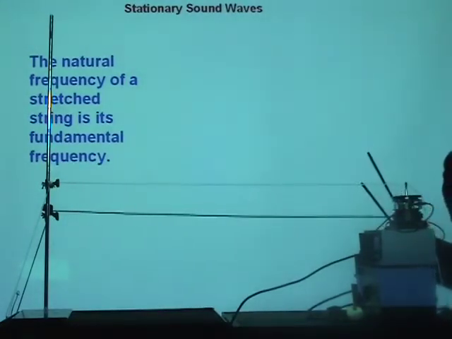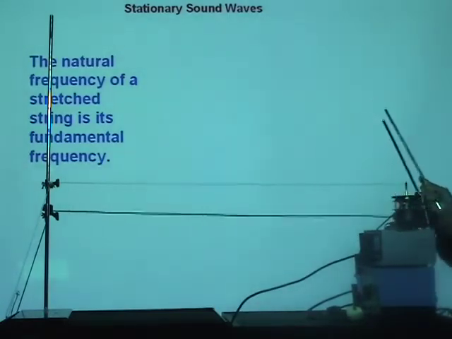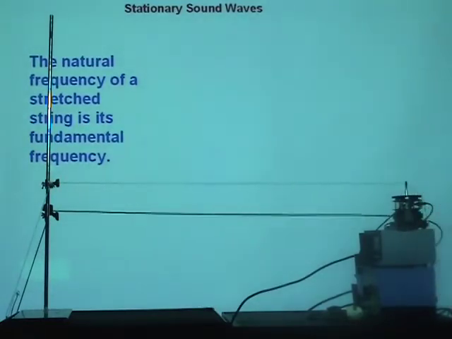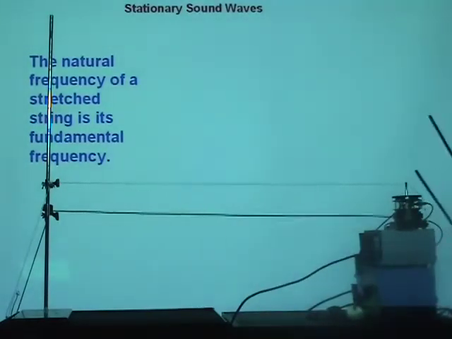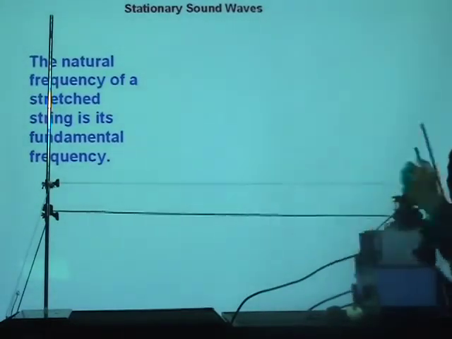If I impose an external force on it, I'm going to impose an external force by making this vibrate up and down. Now, if the frequency of this lip here is exactly equal to the natural frequency of the string, then the string will vibrate with larger and larger amplitude.